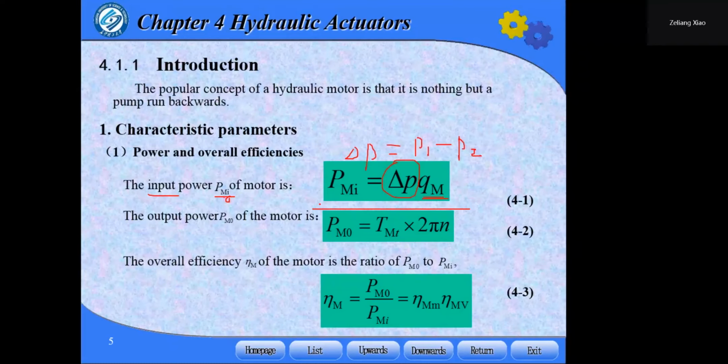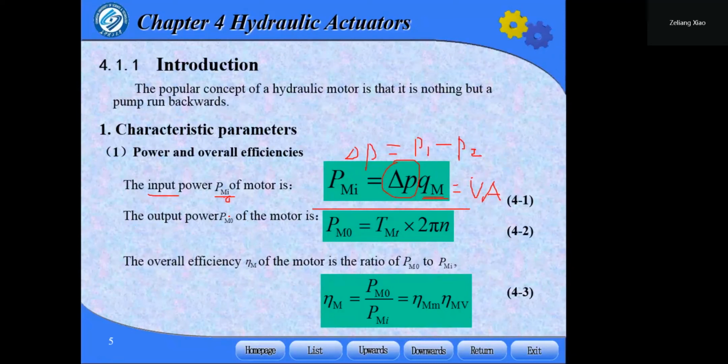The flow rate equals the speed multiplied by the area. We introduced this in chapter 1. Do you remember it?